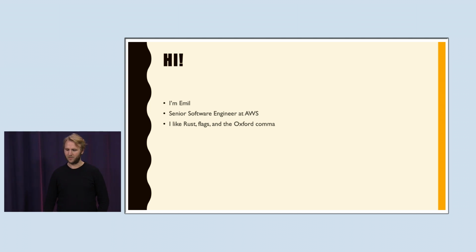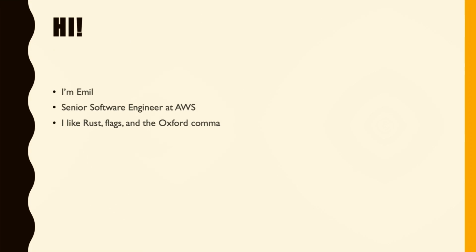I've been working primarily in Rust for the past 2 years, since the fall of 2018, initially at Imperva, and as of this fall at AWS. I was delighted when I got to AWS to see the extent that we're already using Rust internally. I also like flags for some odd reason. I'm not sure how that actually happened.